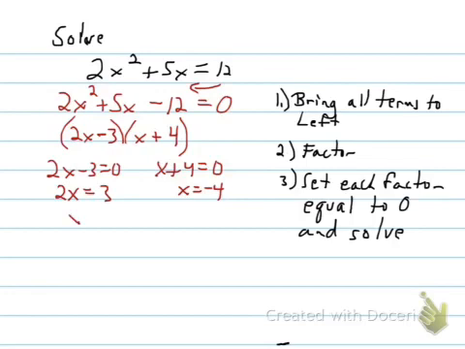Now divide by 2. X is 3/2. It's okay. You're going to get fractions in this. Trust me. Alright, recap. What did you do? You had to solve this. You brought the 3 over and then divided by 2. Alright, so your solution set is 3/2, -4.